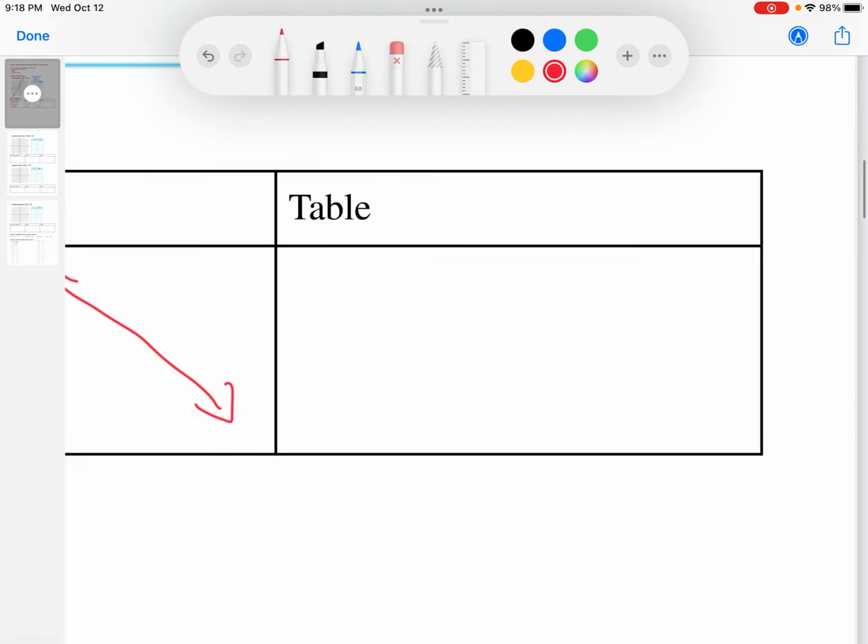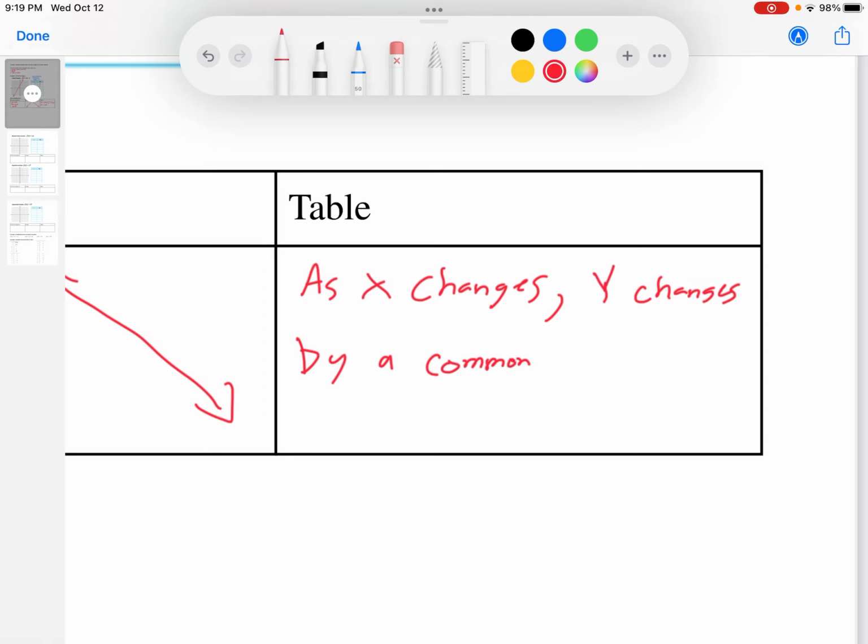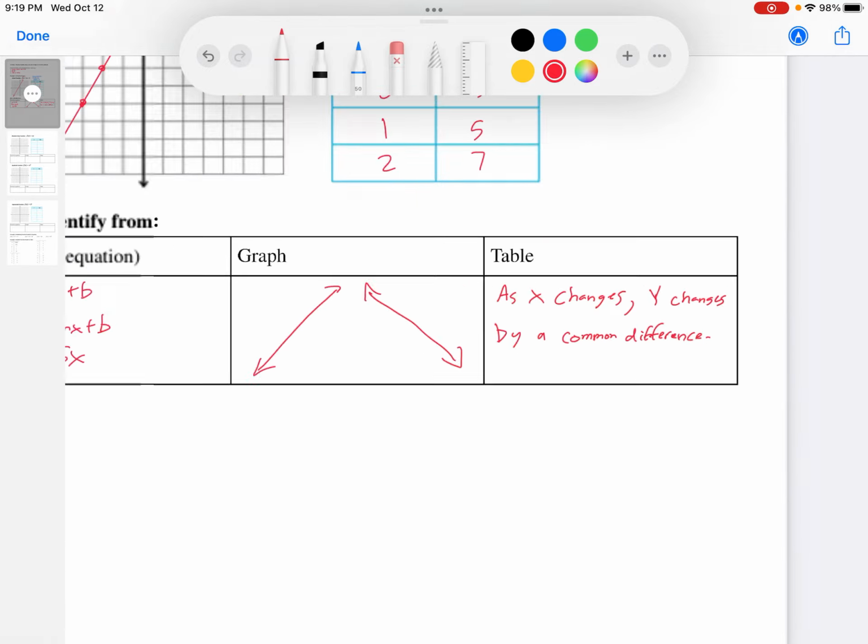Last, what is happening in the table? Well, as x changes, so if x either increases or decreases, y changes by a common difference. And so what that phrase common difference means is it either goes up or down by the same amount.